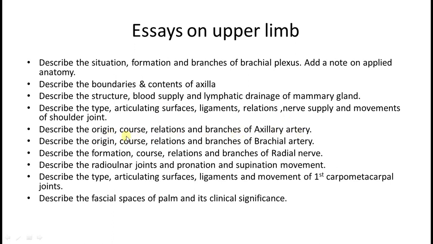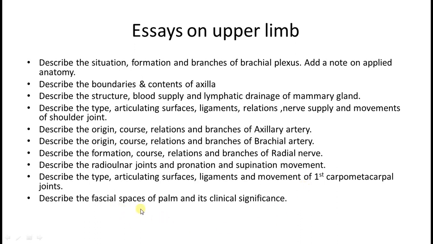Then the essays: axillary artery, brachial artery, radial nerve. Then radioulnar joints, they are very important for their movement, pronation and supination.